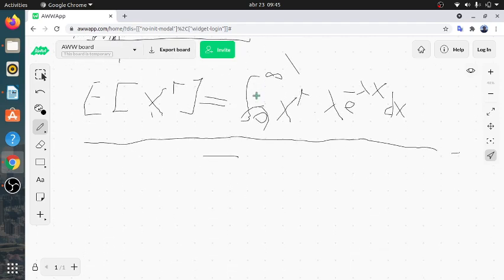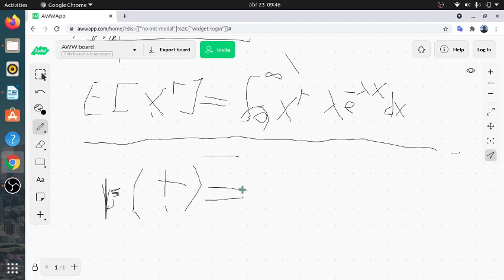Right now let's remember the gamma function. The gamma function has this formula. It's pretty well known in statistics.